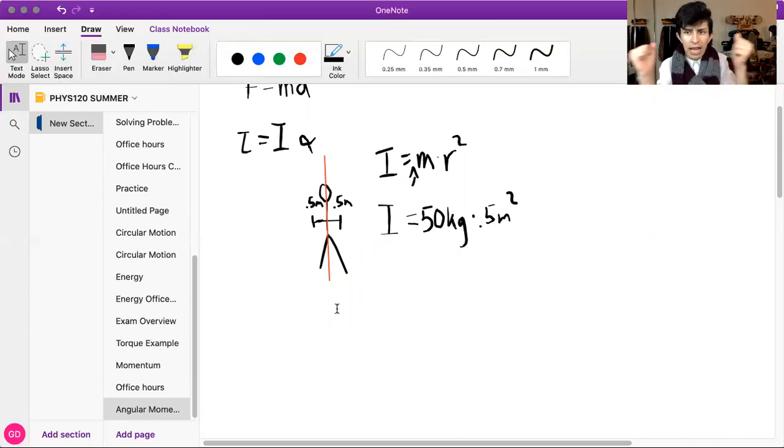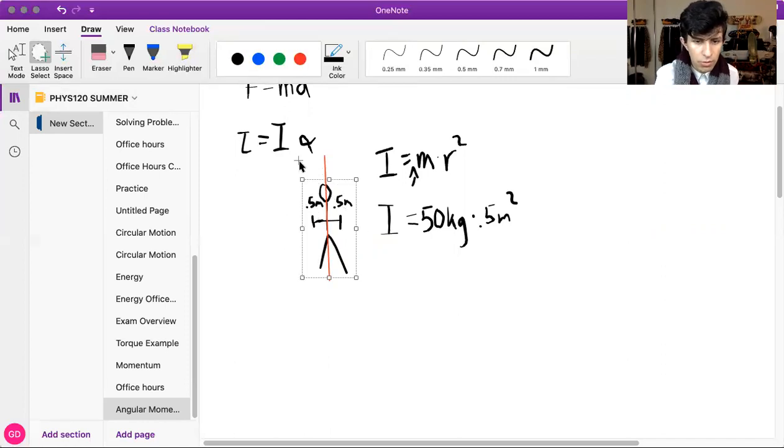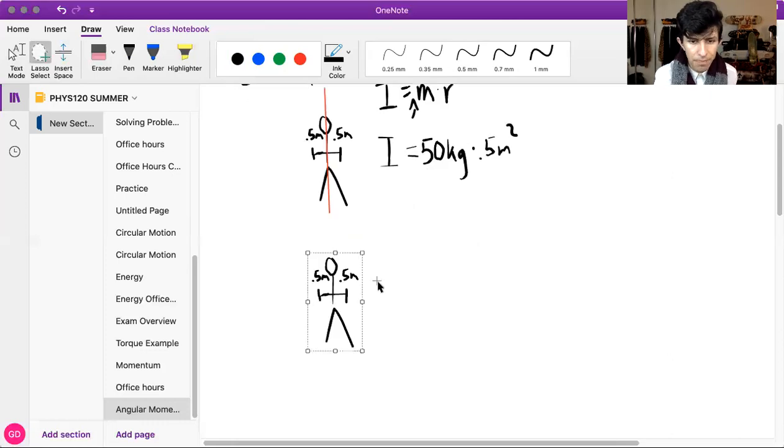If that figure skater brings everything together, that radius decreases. It gets smaller. So I'm going to copy this whole image and paste it right here. Now, if this figure skater, instead of keeping their arms stretched out, brings everything together, the radius isn't half a meter anymore.